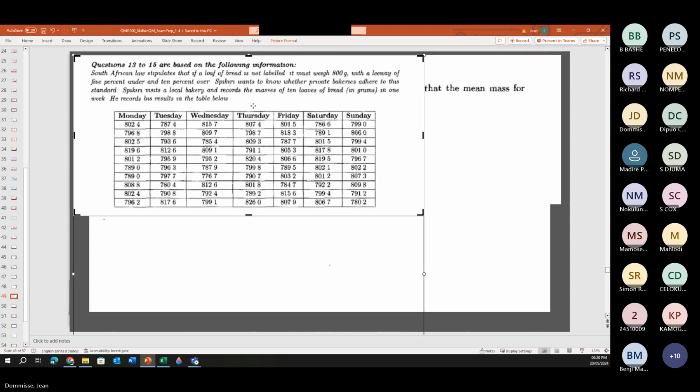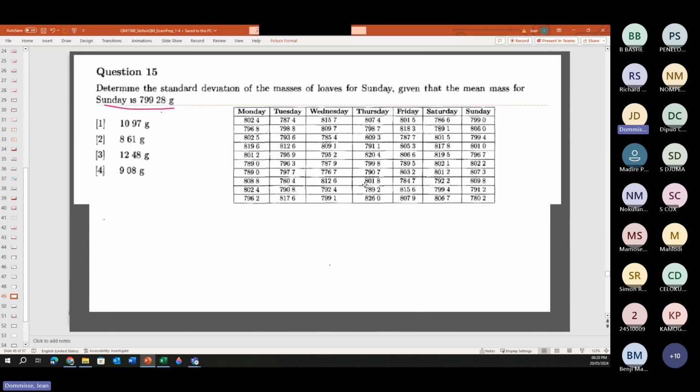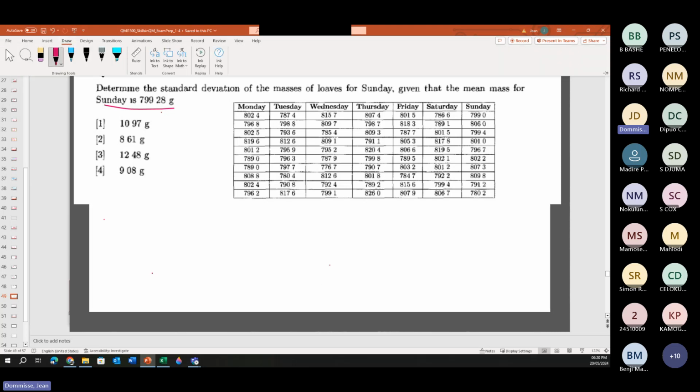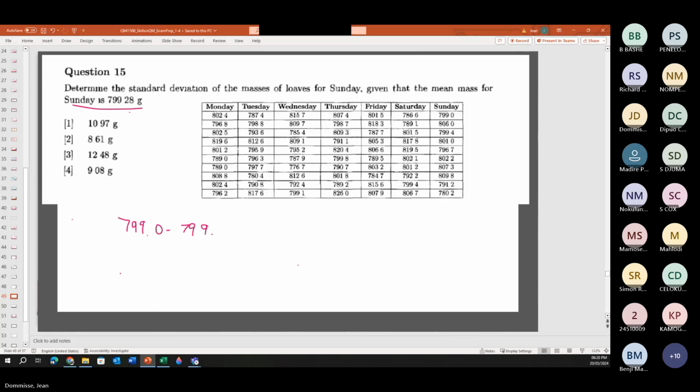So again, there's no way you're going to work all of this out, because what they want you to work out with this information is: the first point of Sunday is 799.0 minus 799.28, that to the power of 2.